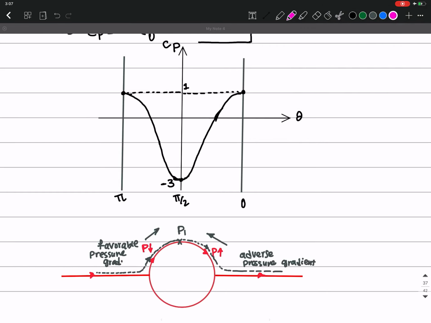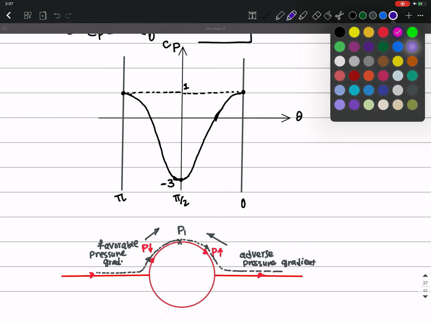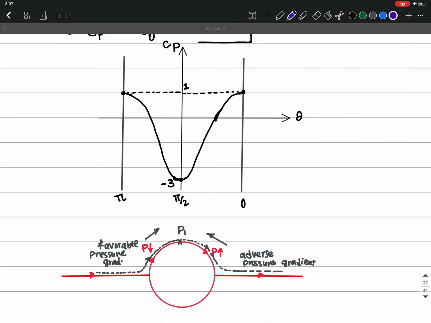However, in the real world, we also have viscosity. So what happens here, if you have a cylinder and the flow goes around it, because of this adverse pressure gradient, the flow will separate from this cylinder.